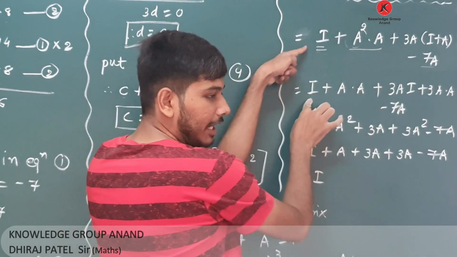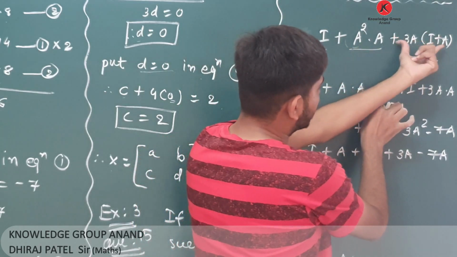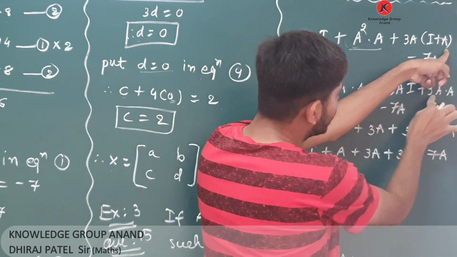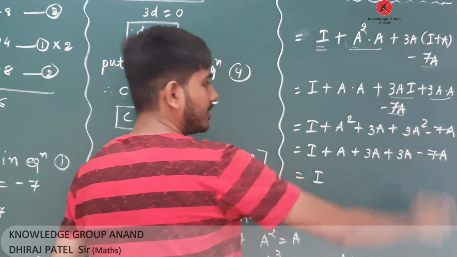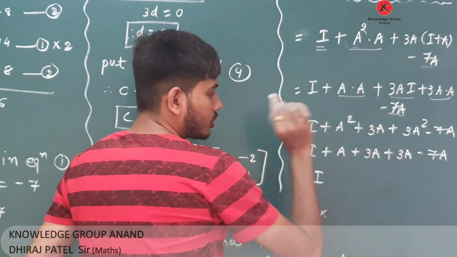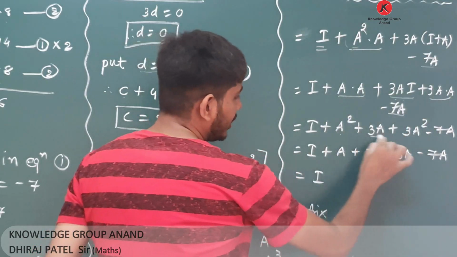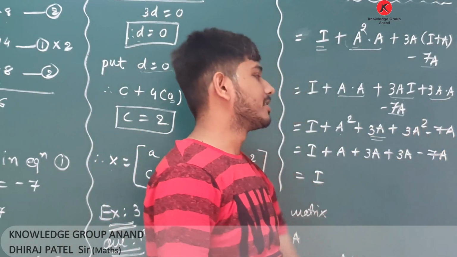Therefore, we are getting I plus A into A plus, multiplying this out, 3AI plus 3A into A, minus 7A. Now A into A is A square, plus 3AI, therefore 3A plus 3A square minus 7A.